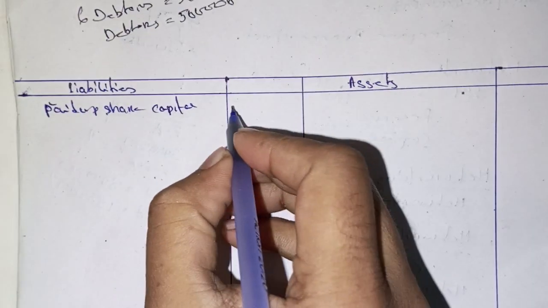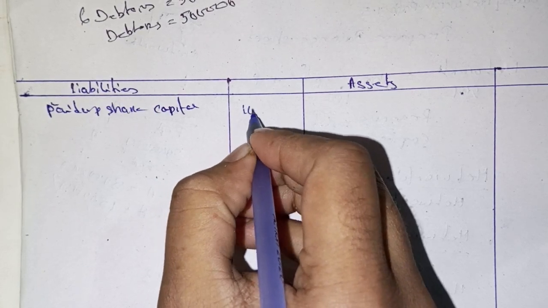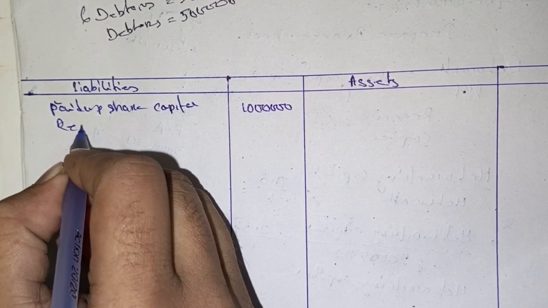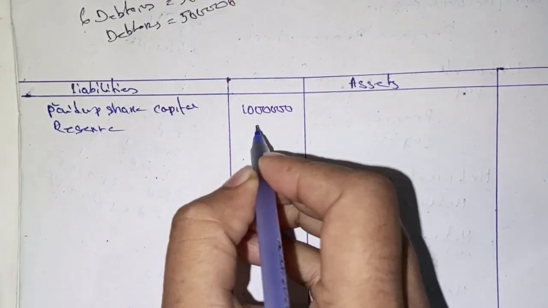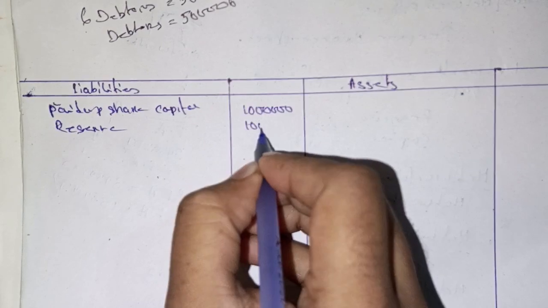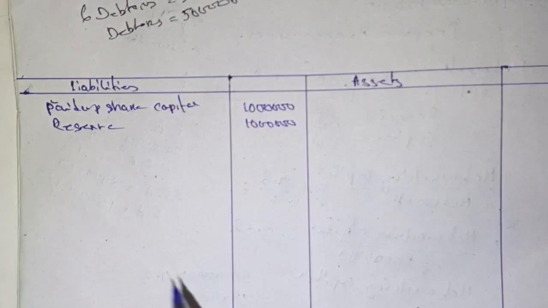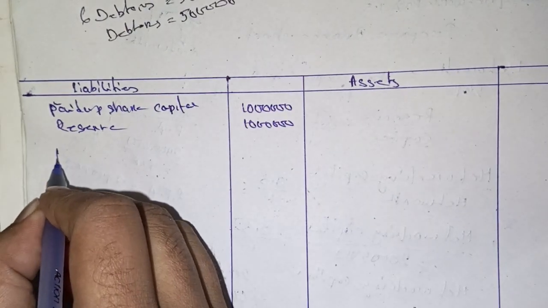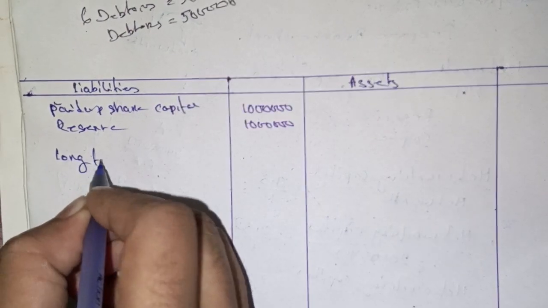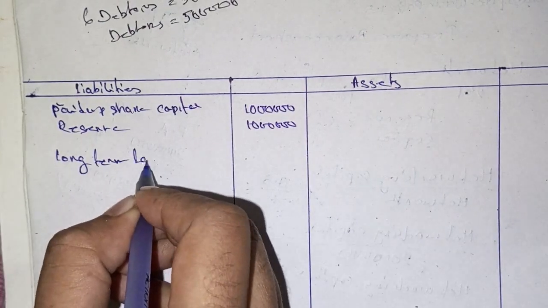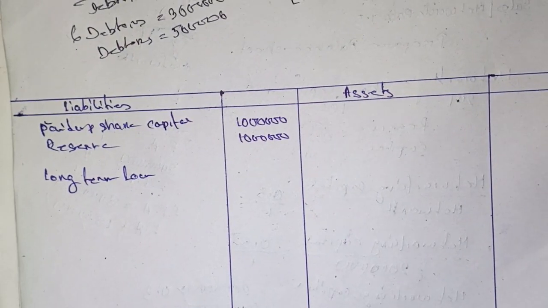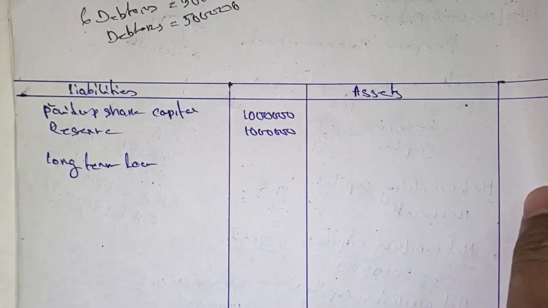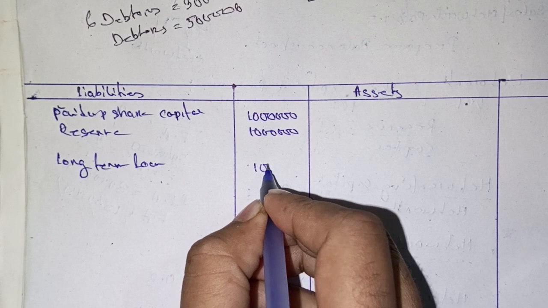So paid up share capital is 10 lakhs and reserve is also 10 lakhs. Then we'll put our long term borrowing, meaning long term loan. You can see here long term loan is 1 lakh. Put it here.